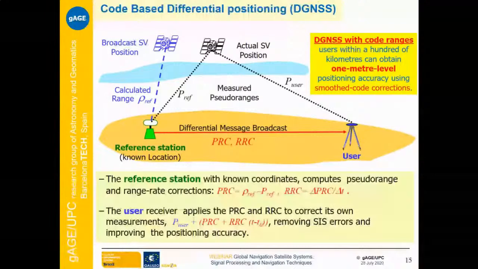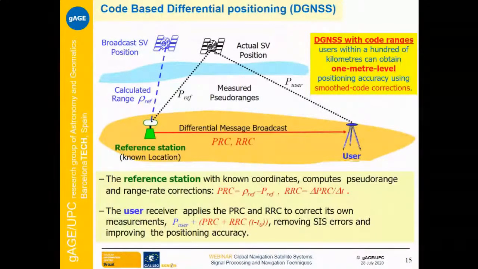Here, the key idea is that we have a reference station with known coordinates. We precisely know where this station is. And we have a nearby user that is shown in blue.